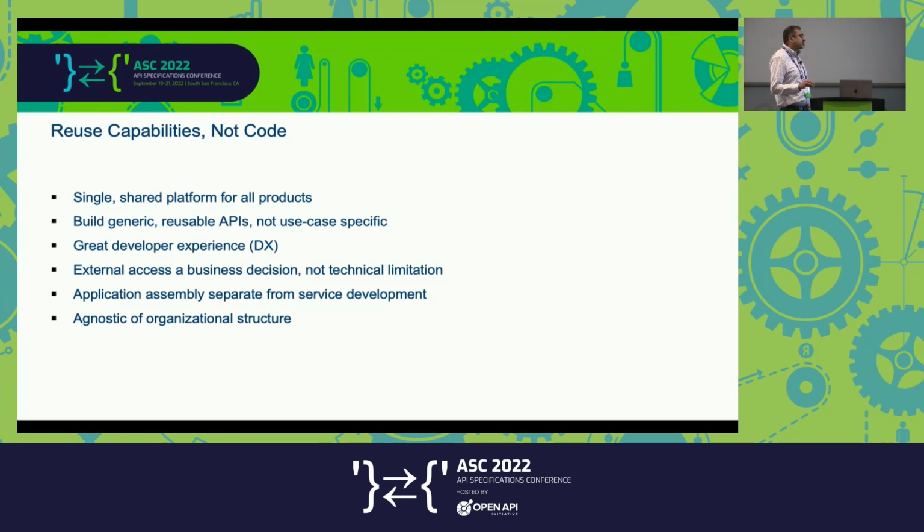Another thing is, once we have these capabilities built in the right way, application development becomes very easy. Capability development is a rigorous thing, and that means you require good engineering strength to build robust capabilities, because they are not going to be changing that fast.